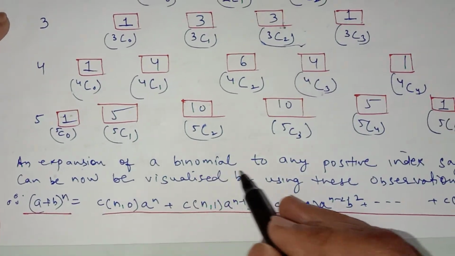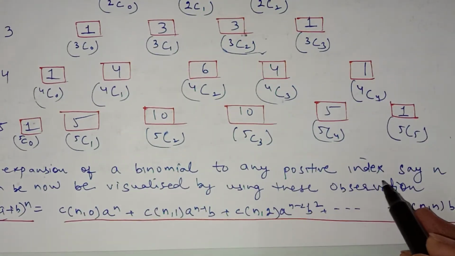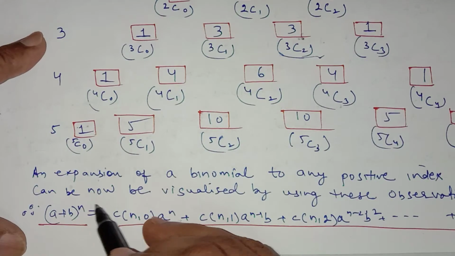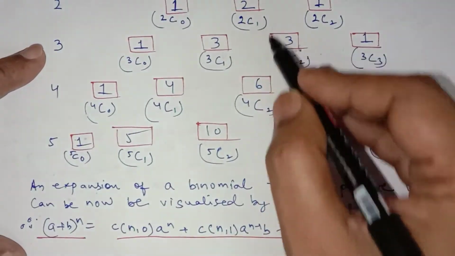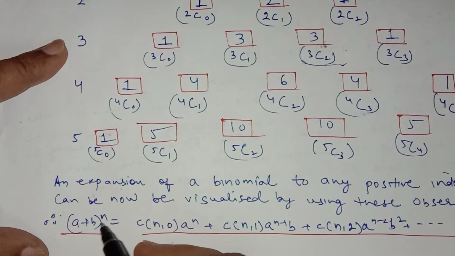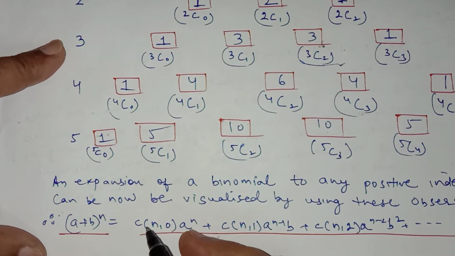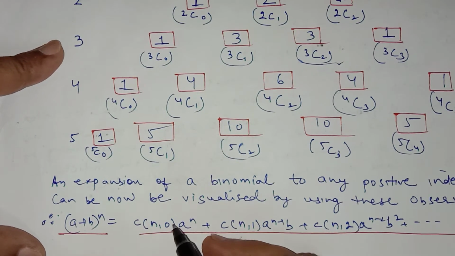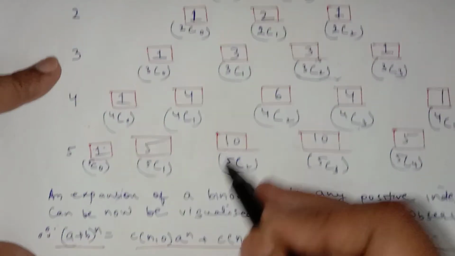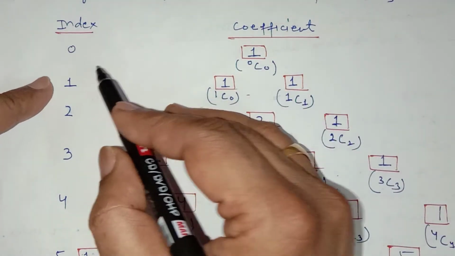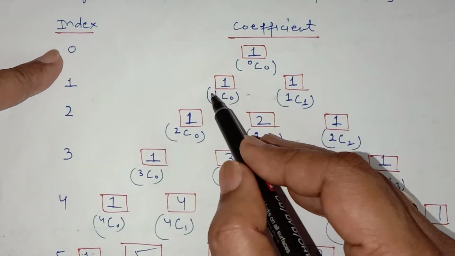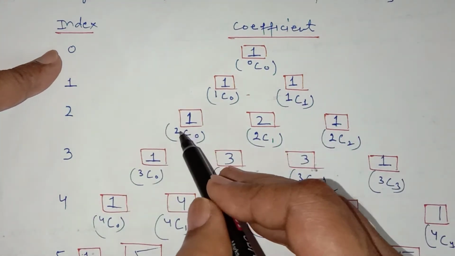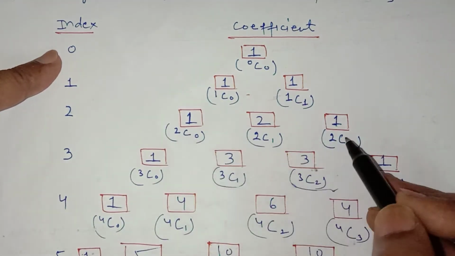So an expansion of the binomial to any positive index, say n, can now be visualized by using the above observations. Suppose we have a plus b raised to power n, where n is a positive index. Then you can write combination of n 0 a raised to power n like this. When we have the power 0, this is 0. When the power is 1, we have 1. When the power is 2, we have 2. Combination 0, 2 combination 1 and so on.